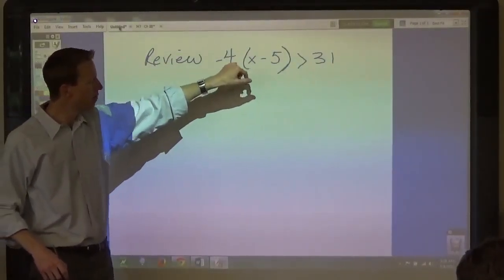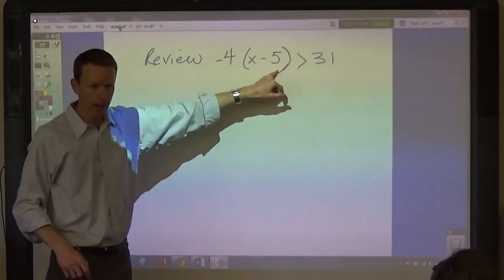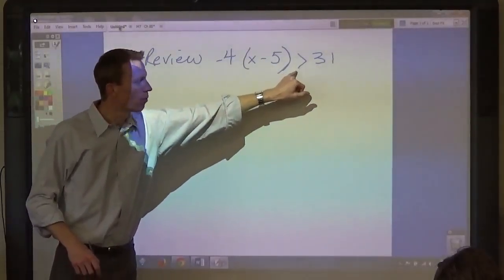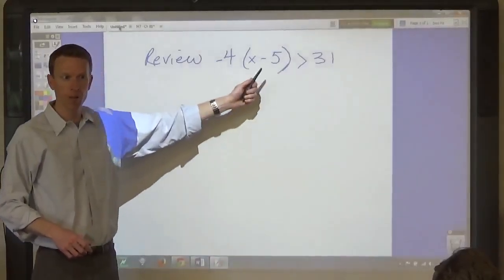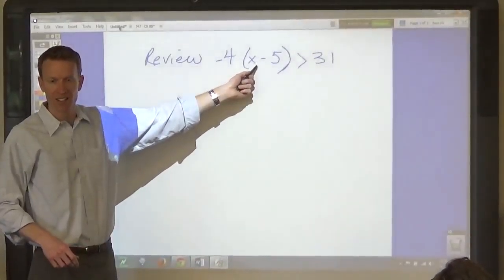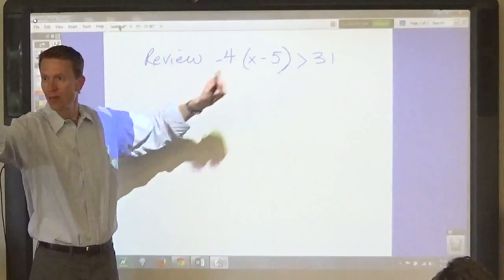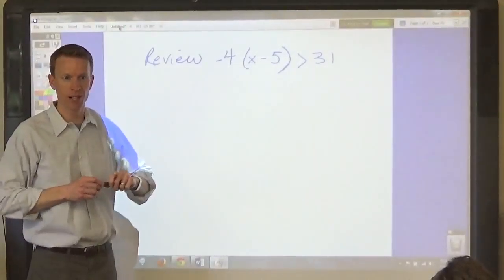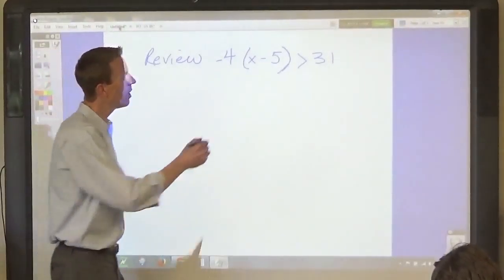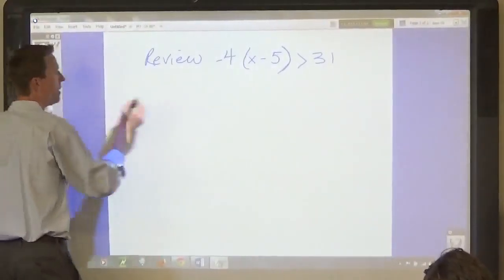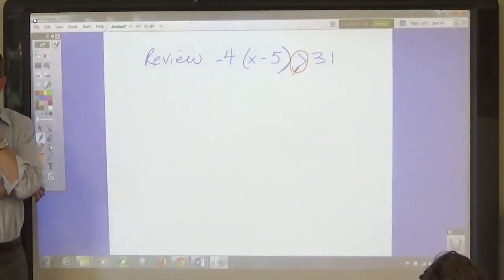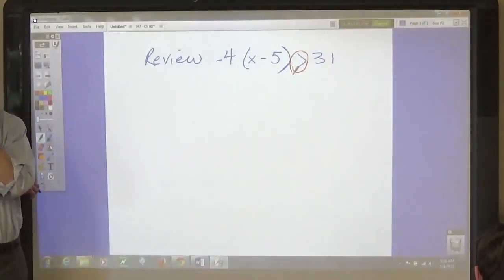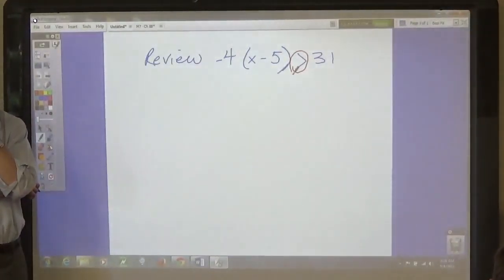This is -4 times x minus 5 is greater than 31. This is an example of what? An inequality. What do we know about graphing this symbol? You use a dashed line.